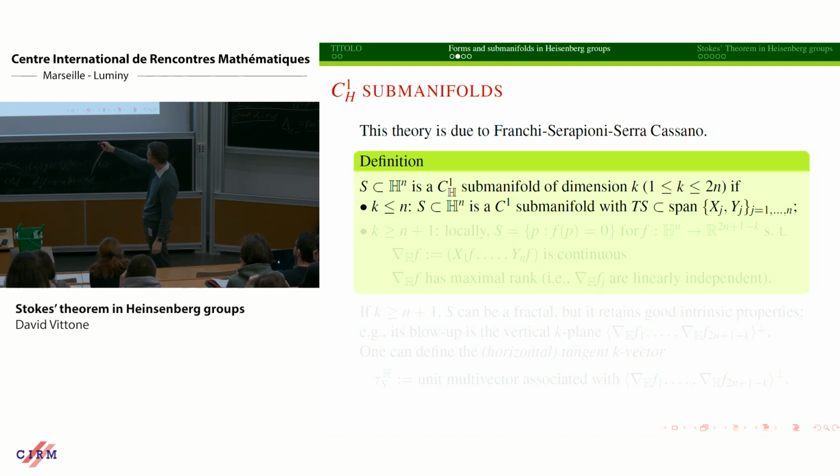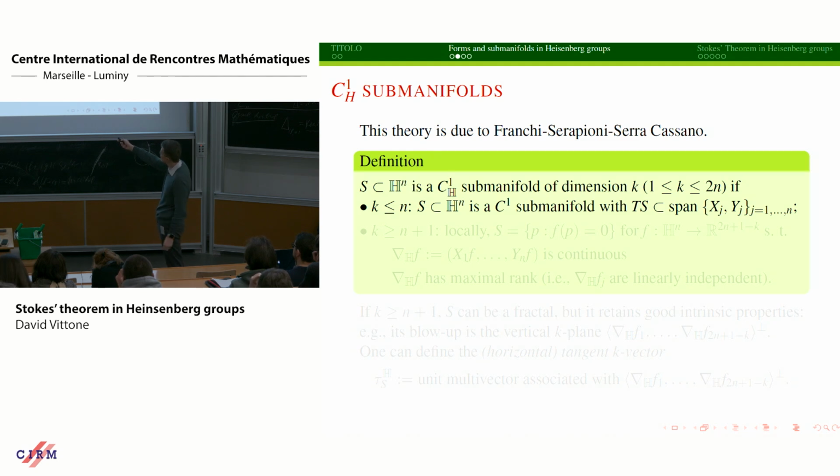So we say that a subset S of the nth Heisenberg group is a C1H submanifold, an intrinsic C1 submanifold, a submanifold which is C1 from the intrinsic viewpoint, of dimension k if the following happens. The first definition works for submanifolds of low dimension. This is pretty easy.